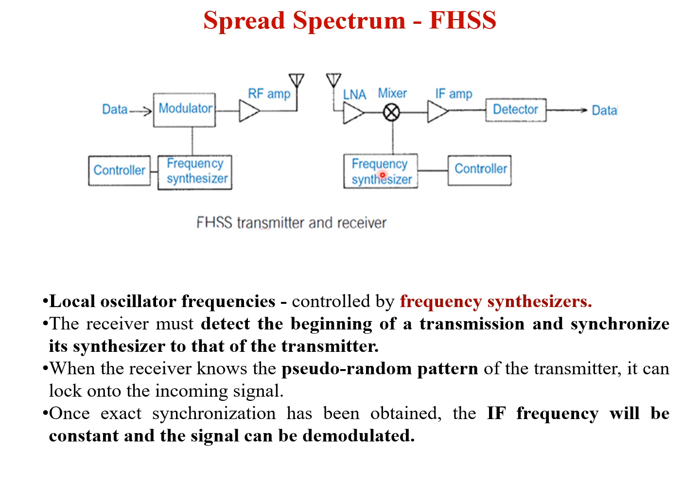Once exact synchronization has been obtained, the IF frequency is given out. The IF signal is amplified by the IF amplifier, then given to the detector. The detector is a demodulator, where the reverse process of modulation takes place and the data is extracted from the modulated signal, and then we get the output signal.